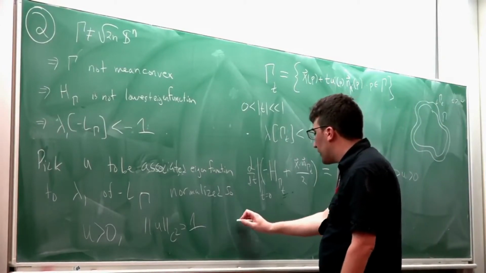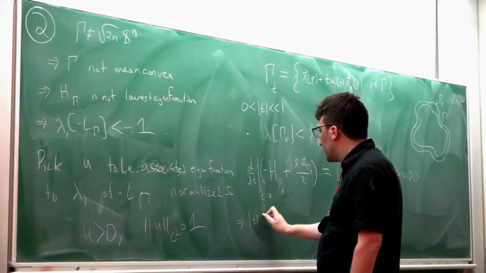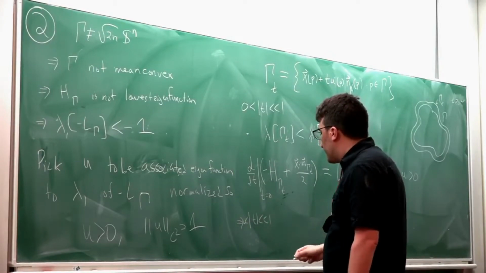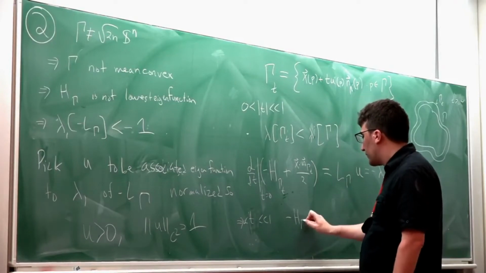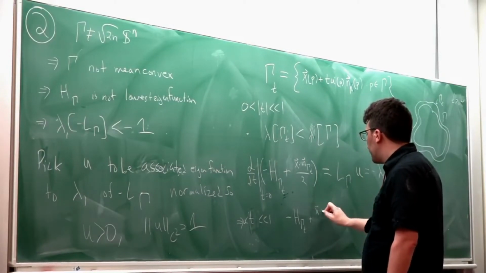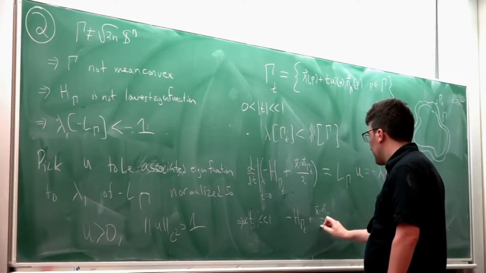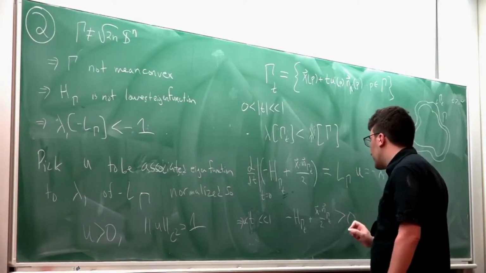Okay, so the point is, this implies, of course, that again for t small and now positive, we can make the minus H gamma t strictly positive.